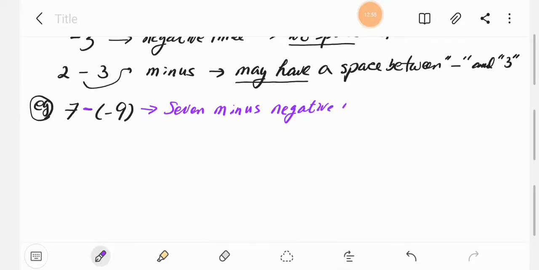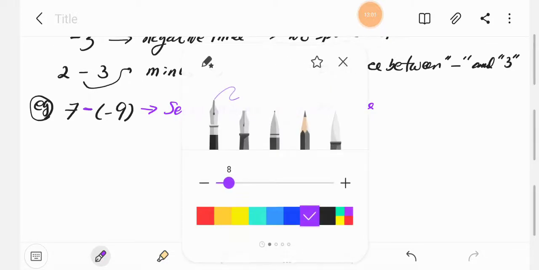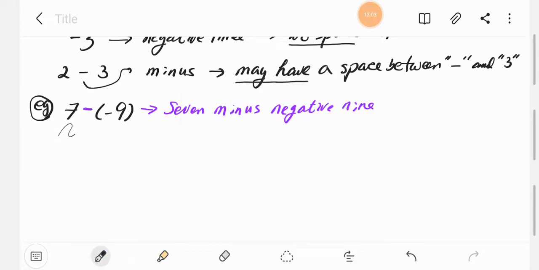This is how we read negative 9. Can you simplify this? Yes, we can simplify this. We will do simplifying it later. This is how we read. Okay, then how do you read this one? Negative 4 plus 10. No, I already read this. So this is what?